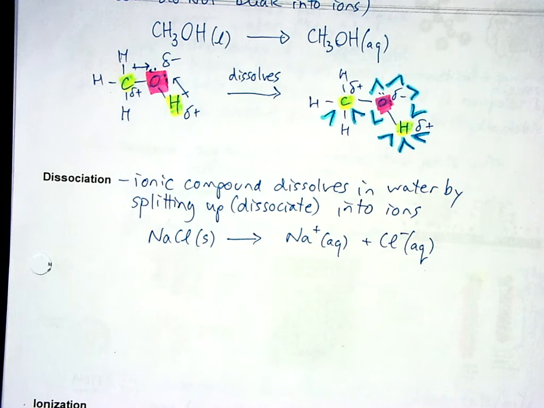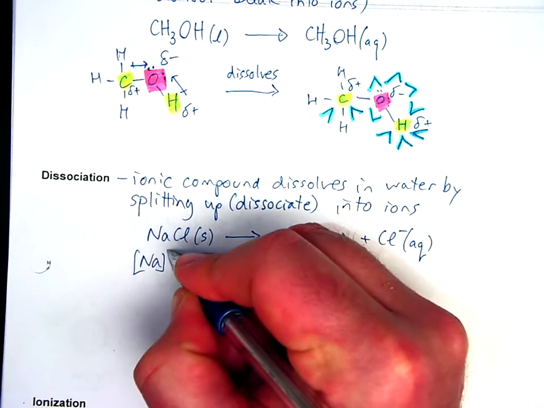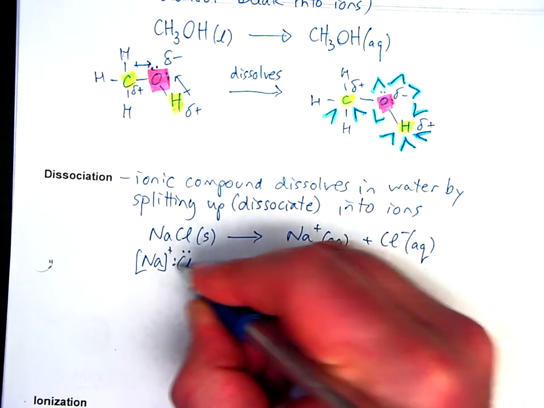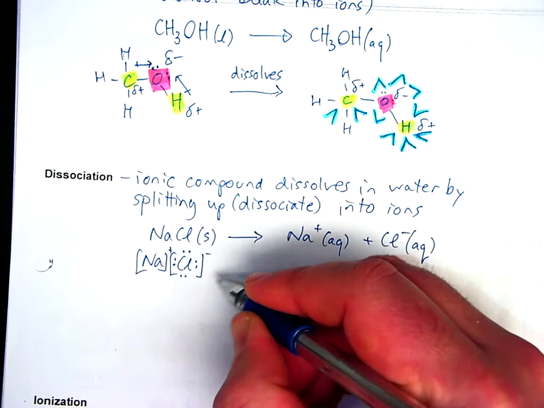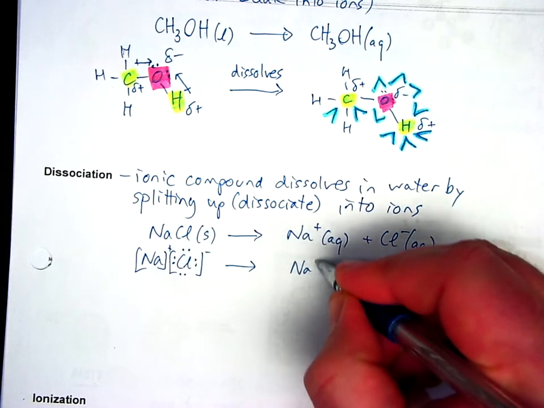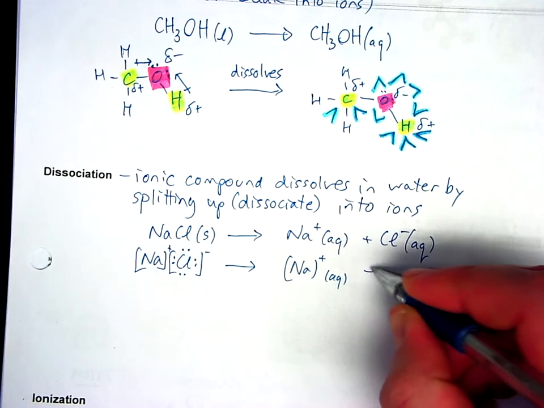We can also illustrate this using Lewis structures. Sodium is positively charged, chlorine, remember these are ionic, so they look like these structures here, with a minus, and when they separate into their respective ions again.